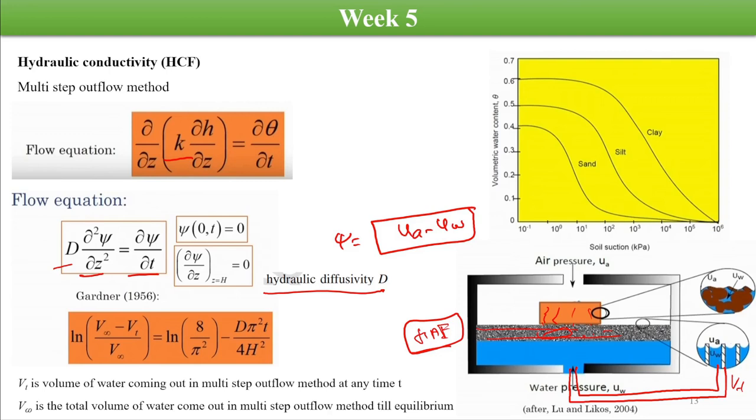Then this equation which we see here, the flow equation in terms of hydraulic diffusivity, if we apply the boundary value conditions, then based on the boundary value solution, Gardner gave a solution that says ln of (V infinity minus Vt) upon V infinity, where V infinity is the water which will be collected here at time infinity, at equilibrium, we can say after a long time. Okay, and Vt is the volume of water which has come out at a particular time t, right?